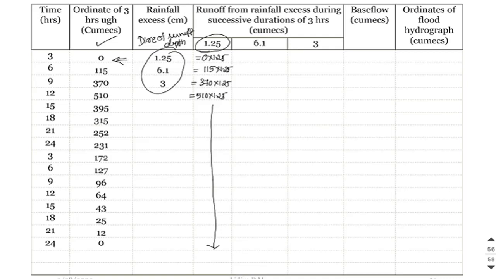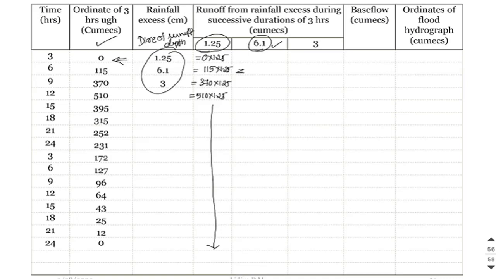Then next there is another runoff value, with rainfall excess of 6.1 centimeter. What is the total flow in the river due to this 6.1 centimeter excess rainfall? This rainfall is happening in the next 3 hours, so you have to start from here. That is, at the start of 6 hours the rainfall occurs, so you start from the second row.